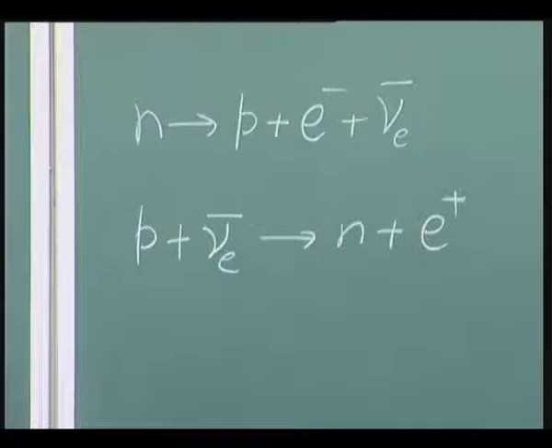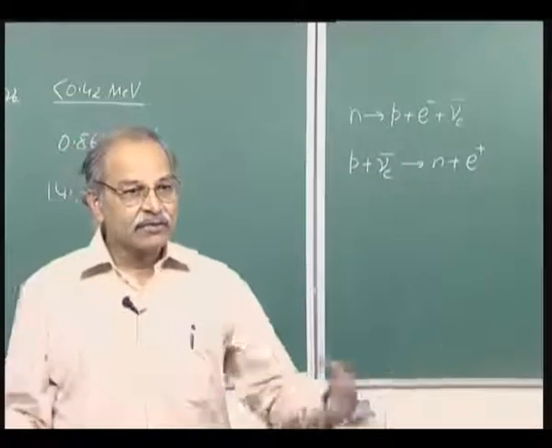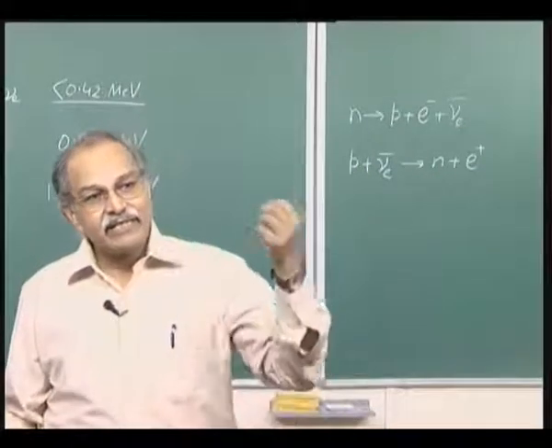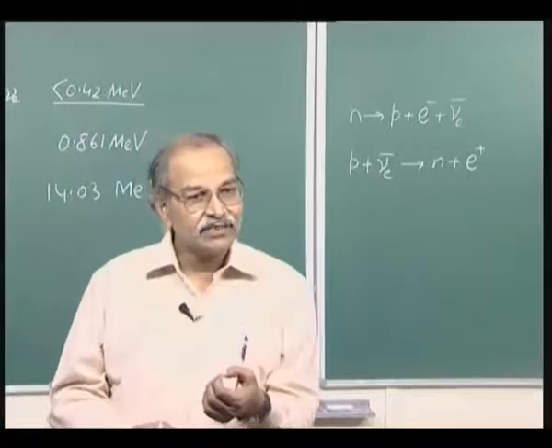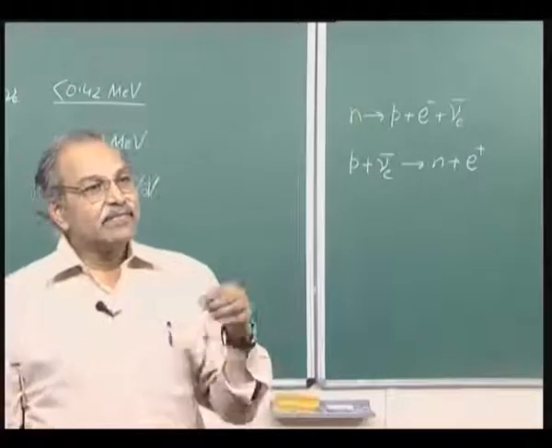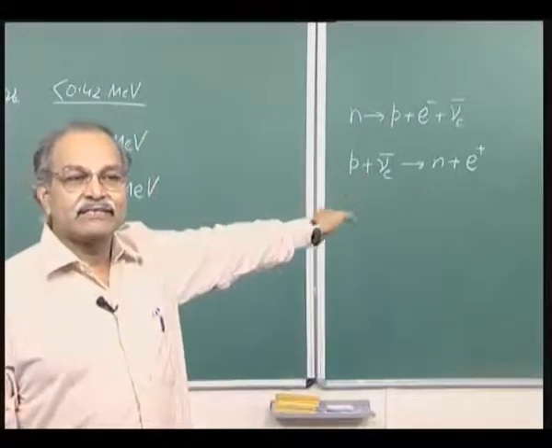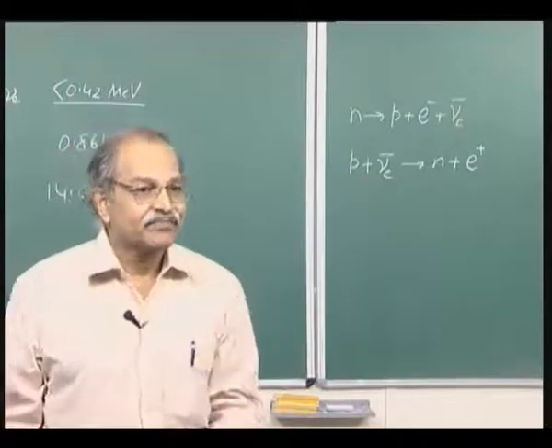The experiment was to have lots of liquid with free protons and this neutrino flux falling on that, and occasionally a neutrino, depending on the reaction cross section, once in a while will attack one of the protons and this reaction will take place and a positron will be created.